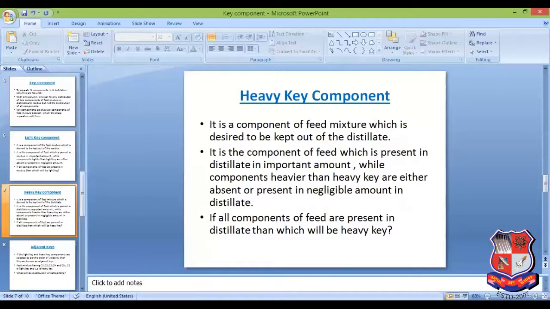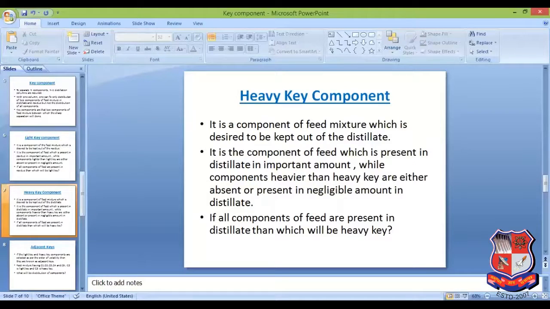So which component will be heavier than heavy key? The component having a higher boiling point than the heavy key, right? So they will be either absent or present in negligible amount in distillate.